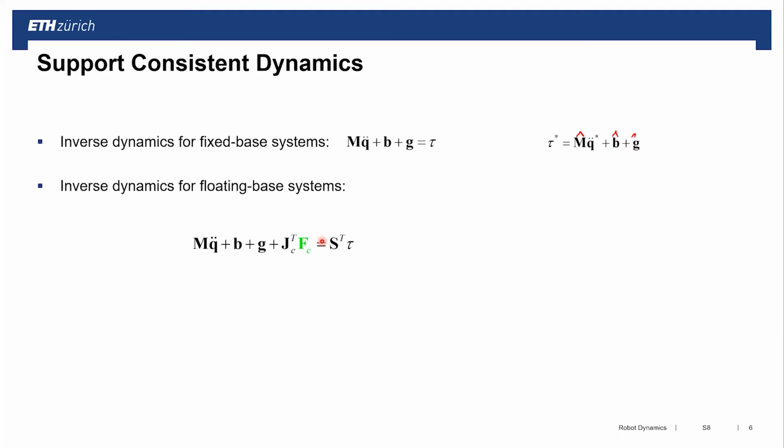So if I want to figure out now what is my desired torque, similar to this equation up here, what is my desired torque that I have to apply to my system based on a desired motion, I have the problem that there are here some constraint forces that I first have to figure out before I can actually solve the problem. So it's kind of a chicken and egg problem.